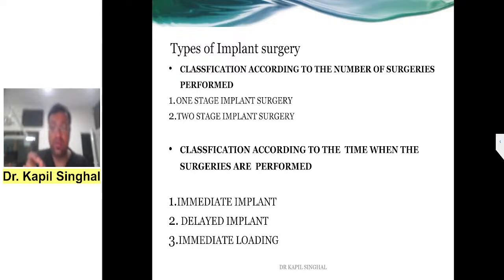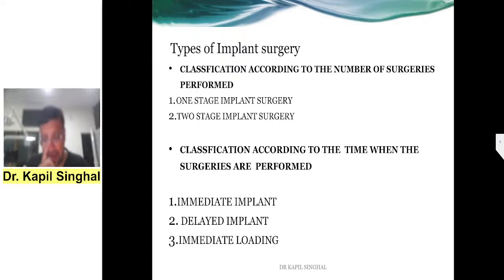They can ask you one more question, why it should be done within this time frame. The answer is because whenever you drill, please remember, an important question: there is around 1 millimeter of bone necrosis around the implant. To remove this necrosed bone, osteoclastic cells will come and remove the bone around the implant, and then the osteoblastic cells will come and start forming bone.